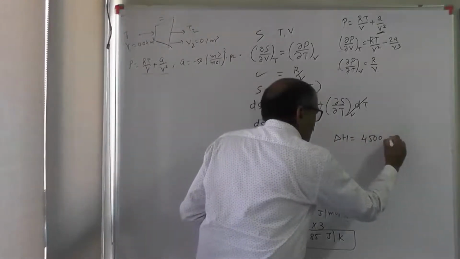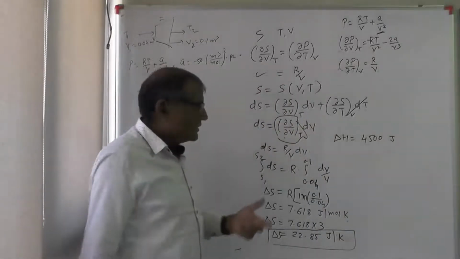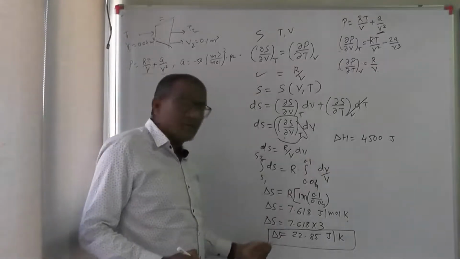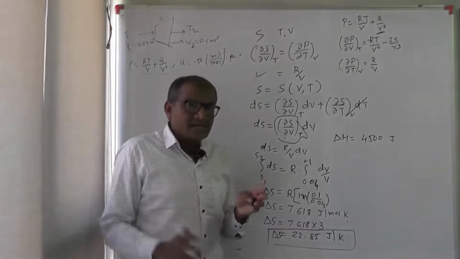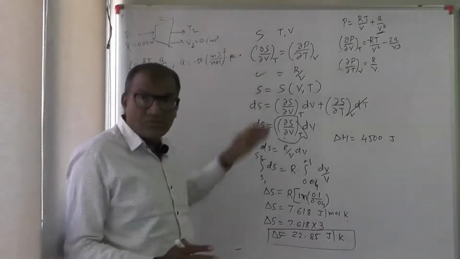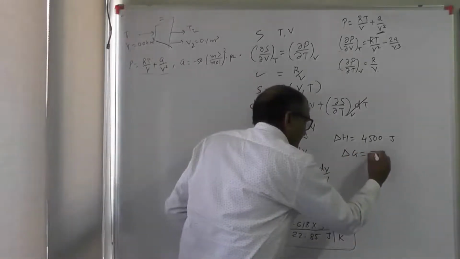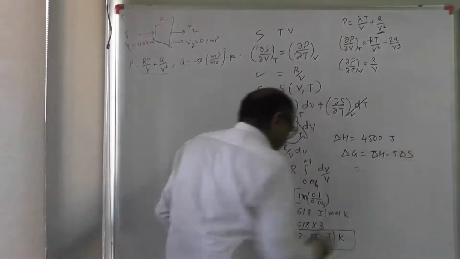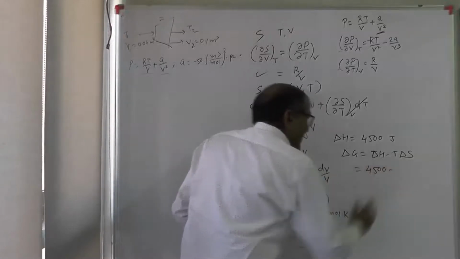4500 joule. Now one more thing I would like to tell you: if you know delta H, can you calculate delta G? In that case, I am not going to derive in this way, because that equation is famous, delta H minus T delta S. I can put the value of delta H, that is 4500.